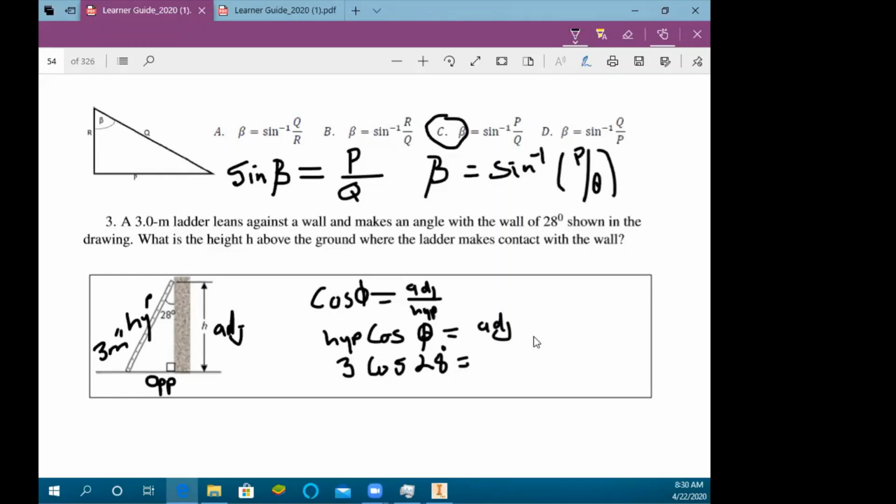Okay, I'm getting 2.64. Is that what you're getting also? Yes. Okay. Yes, sir. 2.65 actually, if we round off.